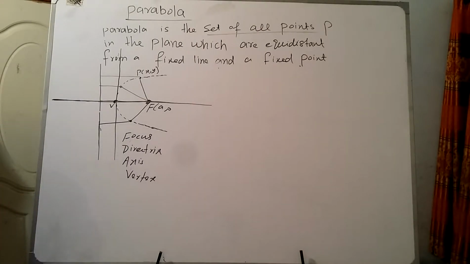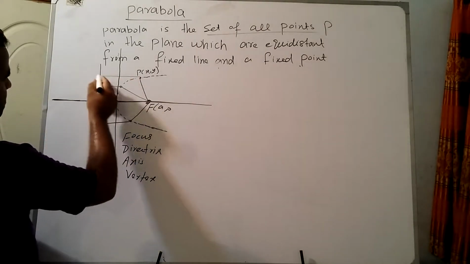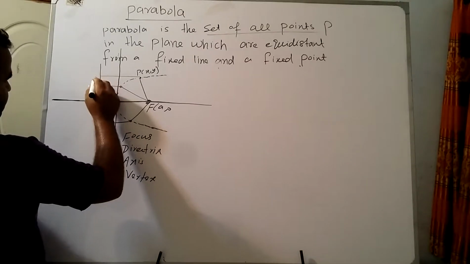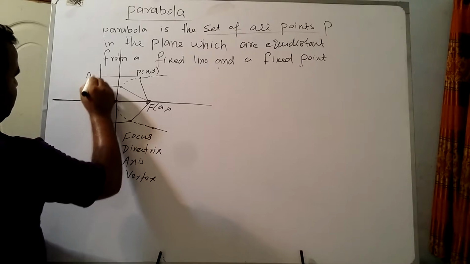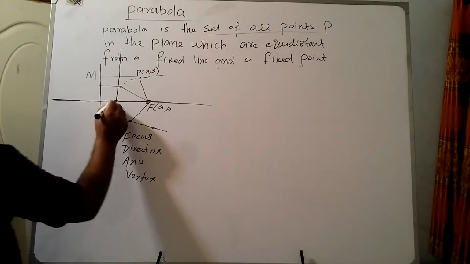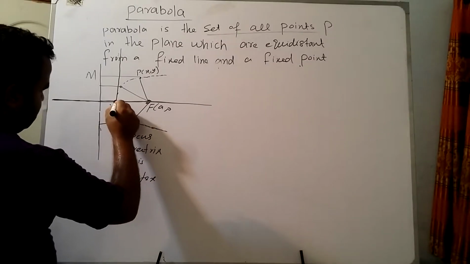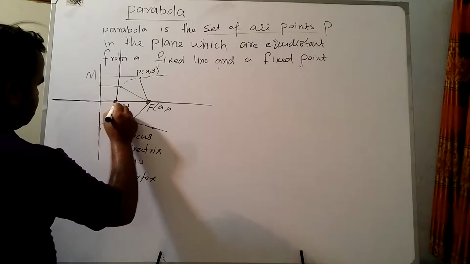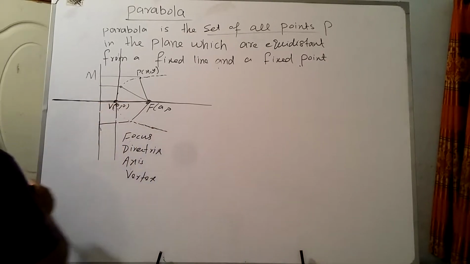Suppose this is M. We know that the vertex is at the origin, 0, 0.